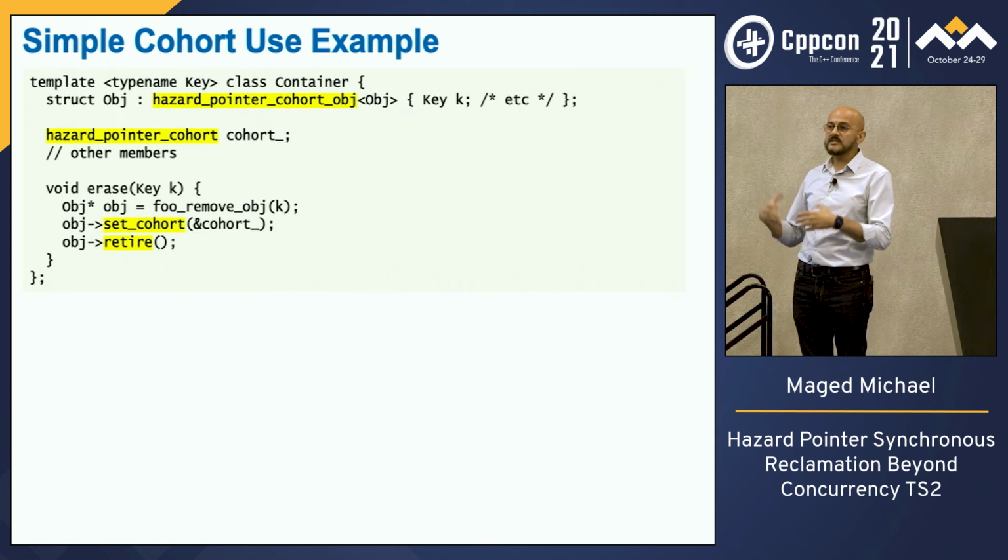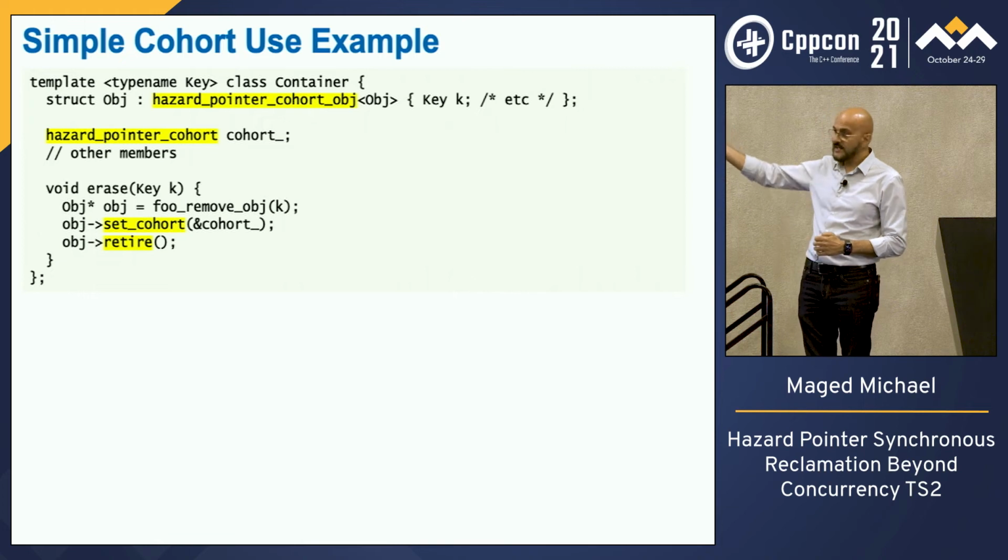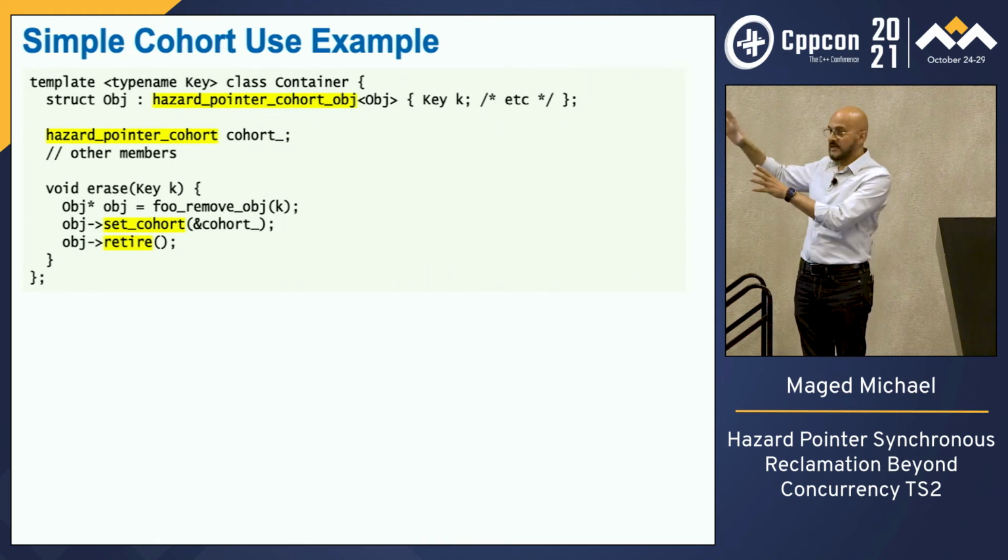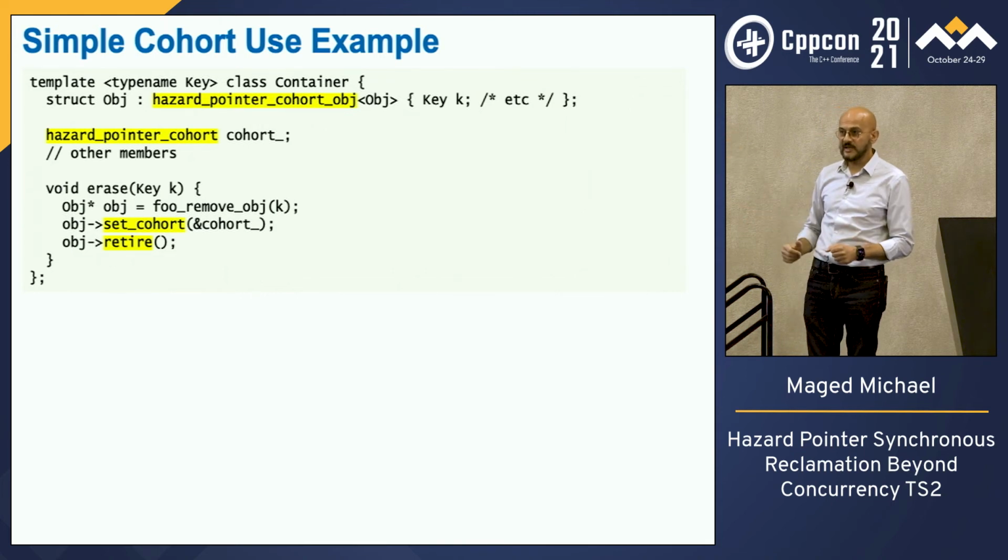So it's the responsibility of the higher level programmer, just above the level of hazard pointers, to know which cohorts to use. This example is a small one but complete: every object that we remove and retire from this container, we associate with that cohort, and then automatically it will take care of synchronous reclamation. Okay.